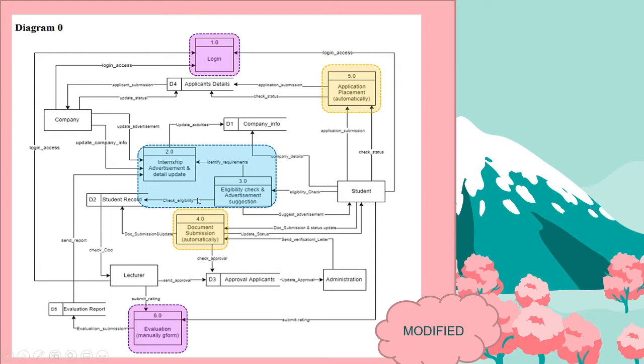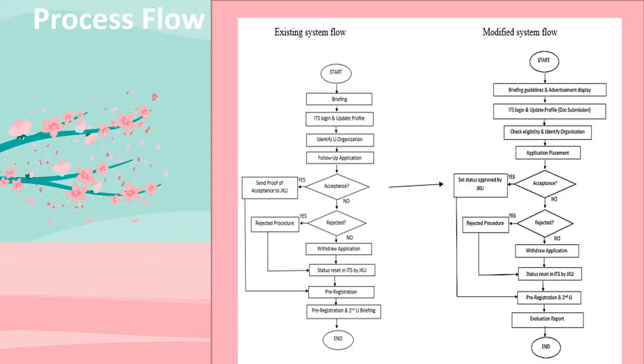After the internship, they can evaluate the company, which is currently manual by Google form. So when a new student wants to apply for internship at that company, they can see the evaluation and the trust toward that company, and it will avoid obstacles they may face in future during the internship period.